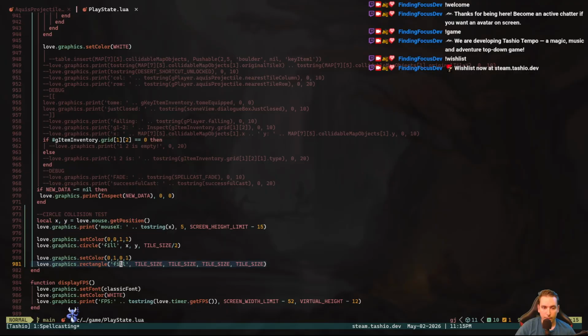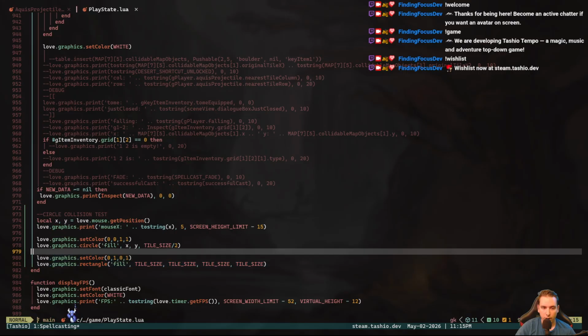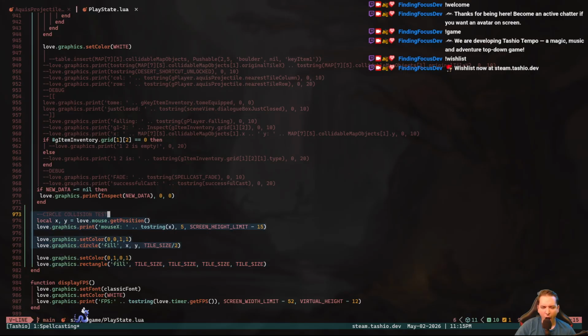For right now, we have a square here and a circle that we're putting at the location of our mouse position, which is fine.